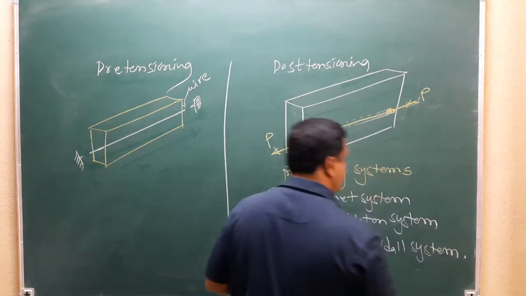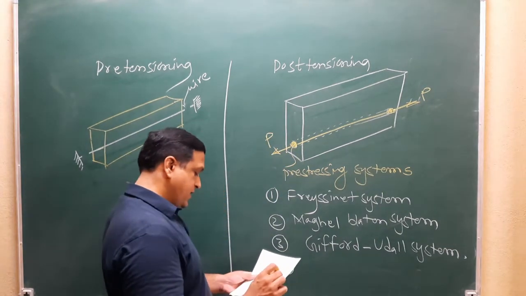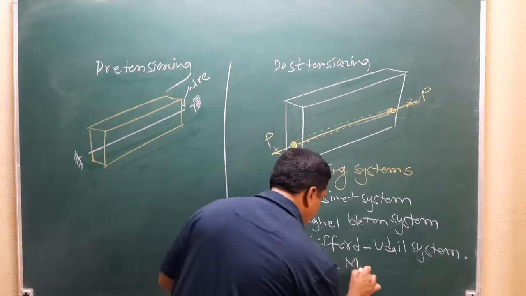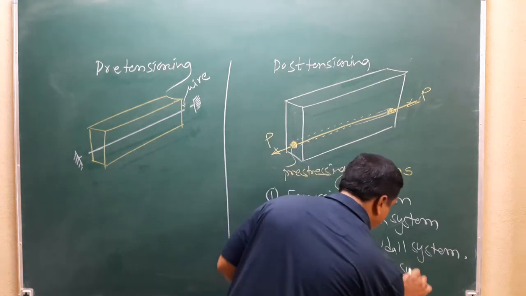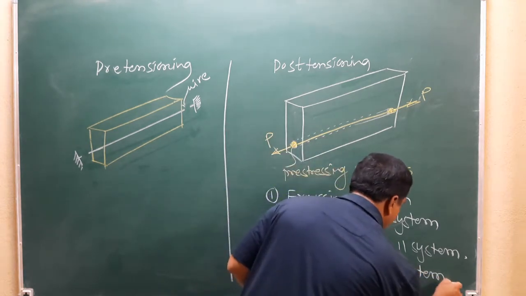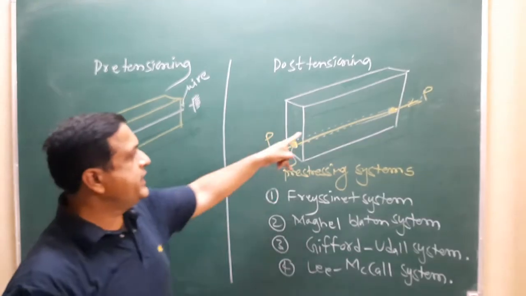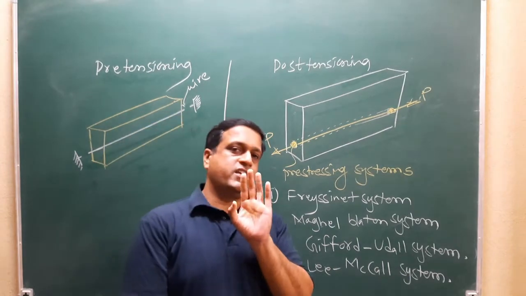I will show you the diagrams also. And the fourth system is the Lee-McCall system. So these are the systems you have to provide to maintain the stretchness of the wire in post-tensioning.